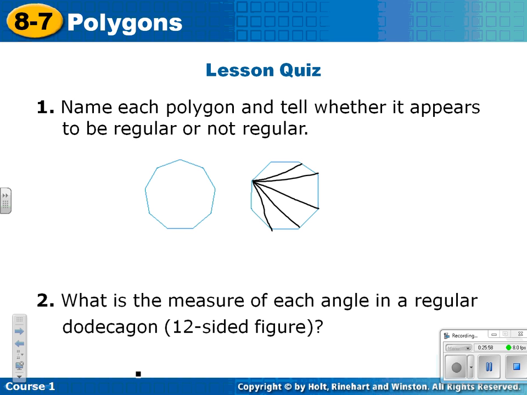So this one's a, how many sides is it? 1, 2, 3, 4, 5, 6, 7, 8. That's an octagon. So our rule says that our octagon should have how many triangles? How many do I have? 1, 2, 3, 4, 5, 6.